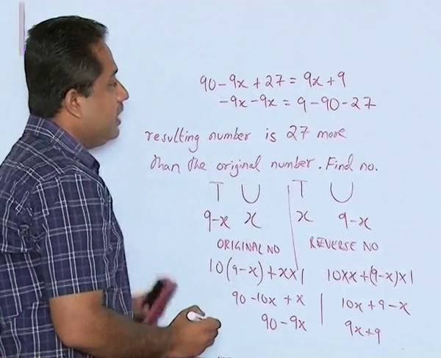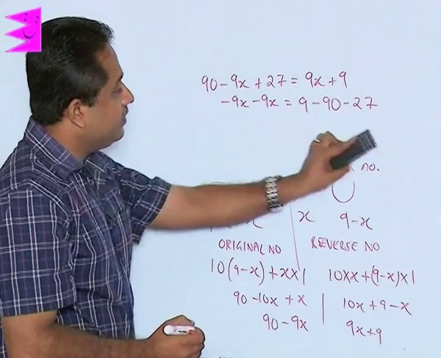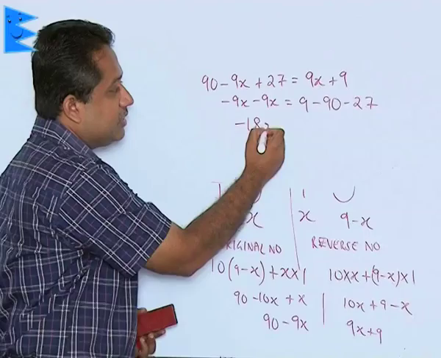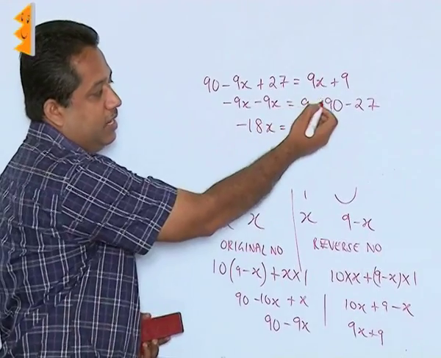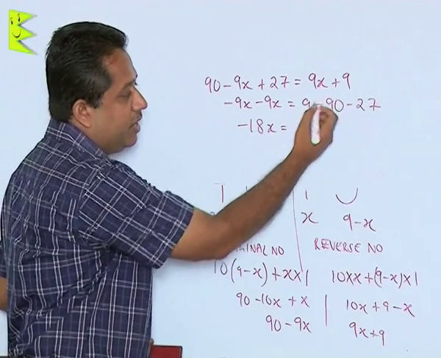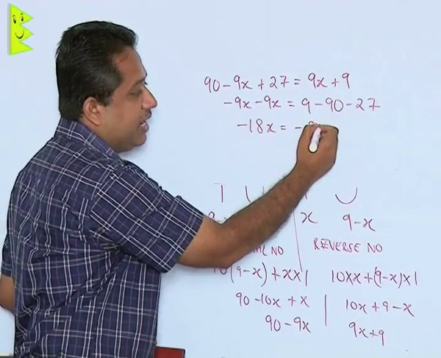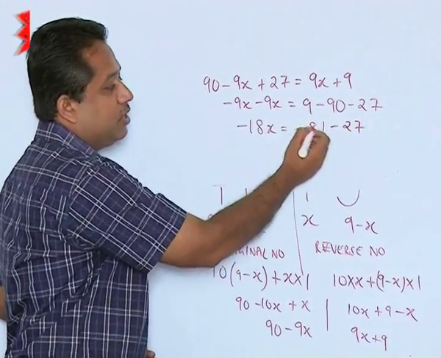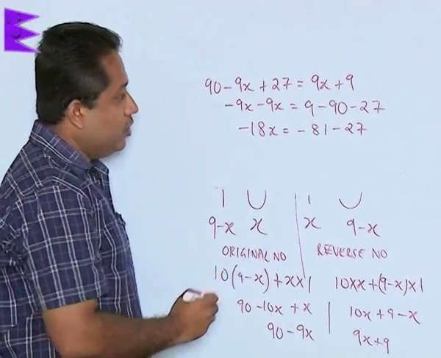So, here we find minus 9x on the left side, that is going to become minus 18x. 9 minus 90, this is a positive and this is a negative number. So, 9 minus 90 you will get minus 81 minus 27. So, there are two negative terms here. So, we will have to add those.